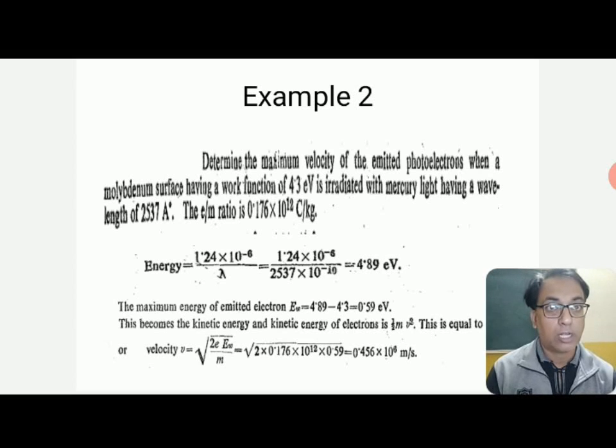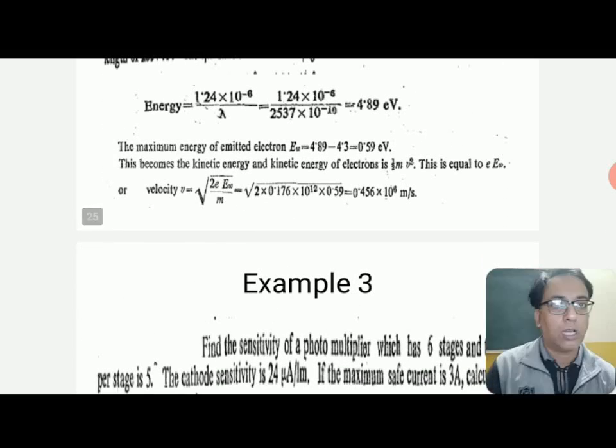The maximum energy of the emitted electron will simply be 4.89 minus 4.3, that gives you 0.59. Using this energy you can give the kinetic energy to the electron, which will move with the speed of v, and which is having a kinetic energy of half mv square.